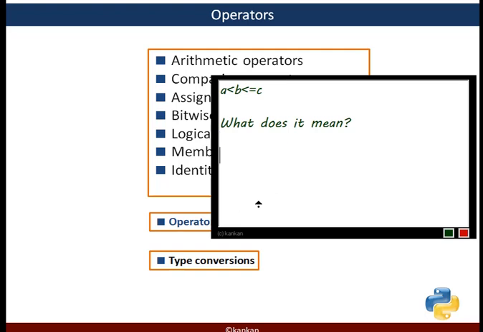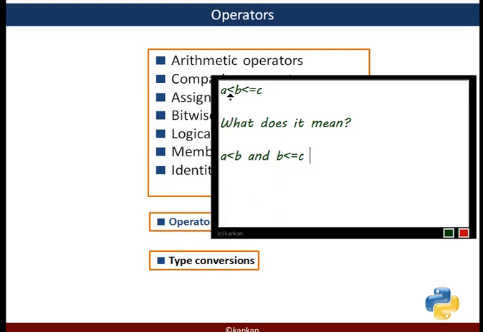Okay, right. So basically the expression can be expressed as A less than B and B less than or equal to C. This is the equivalent expression of it.